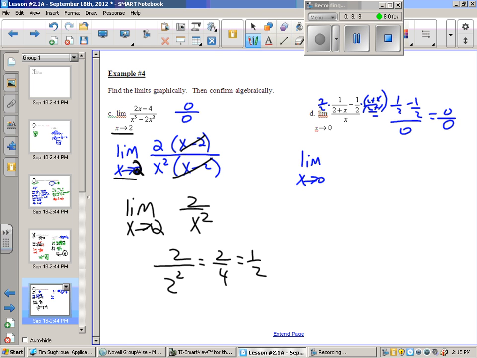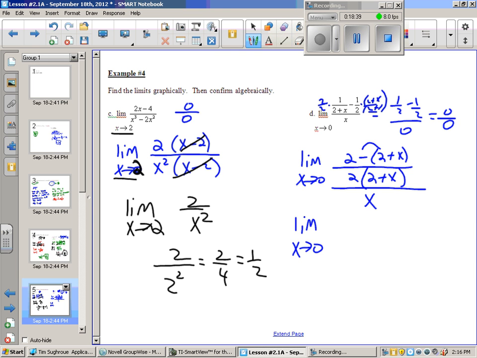When you do that, you're going to get a 2 minus a 2 plus x all over 2 times a 2 plus x. And right now, that's all over x. But when you flip, this x is going to end up on the bottom. So let's distribute the negative sign here. We're going to get 2 minus 2 minus x.